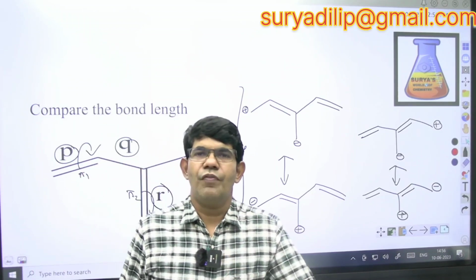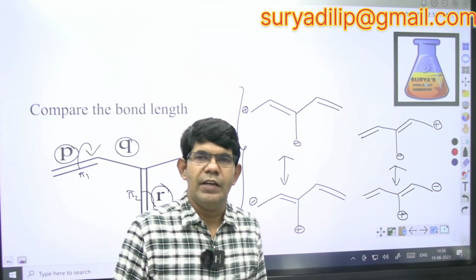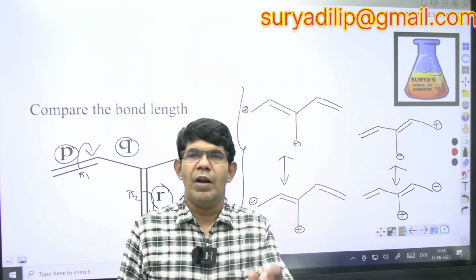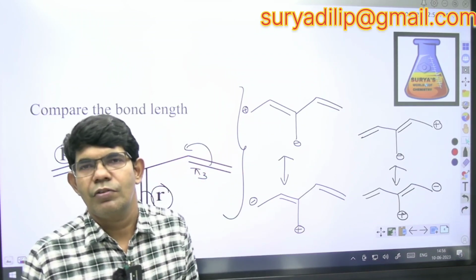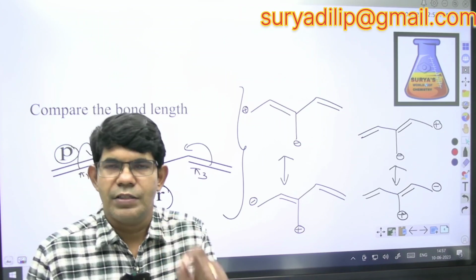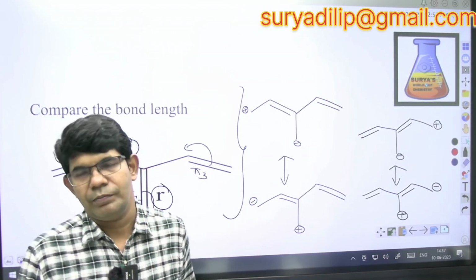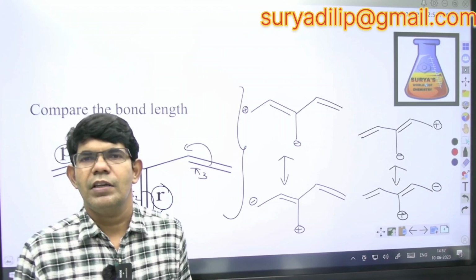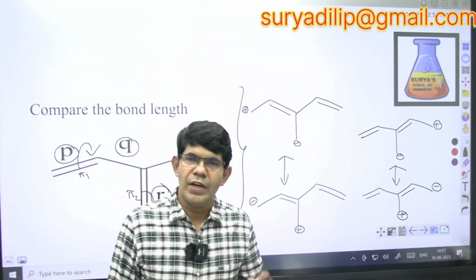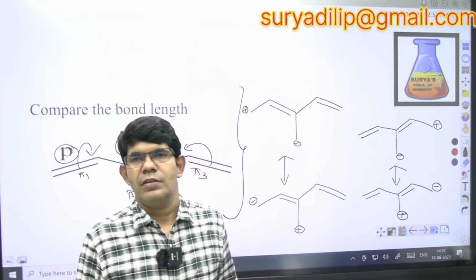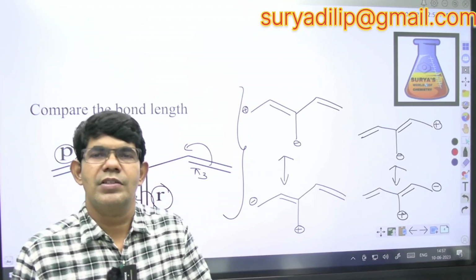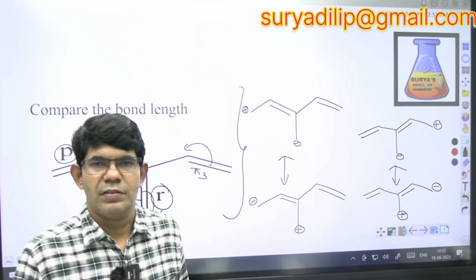In the conditions of resonance, you would have studied that when you have multiple resonating structures, we should take consideration of the energy. Usually, the energy of the contributing structures should be less.